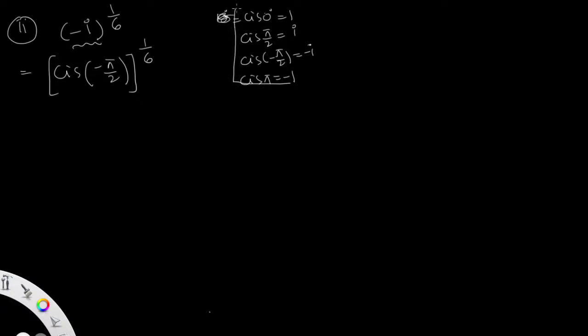These are most important, don't forget them. This is minus i, so that's why I am writing −i equal to cis of (−π/2).